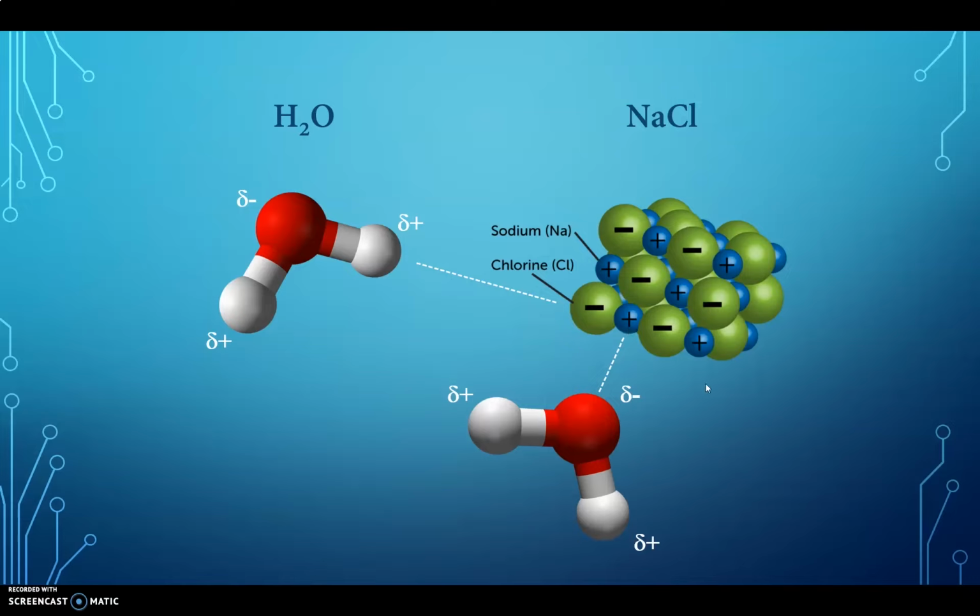This is true with any ionic compound, not just salt. And because of those attractions, ionic compounds like salt, if they're going to dissolve in anything, it's going to be a polar solvent like water. Ionic compounds don't dissolve in nonpolar substances like carbon tetrachloride because there really just isn't a strong enough attraction. But the attraction between ions and water is very strong.